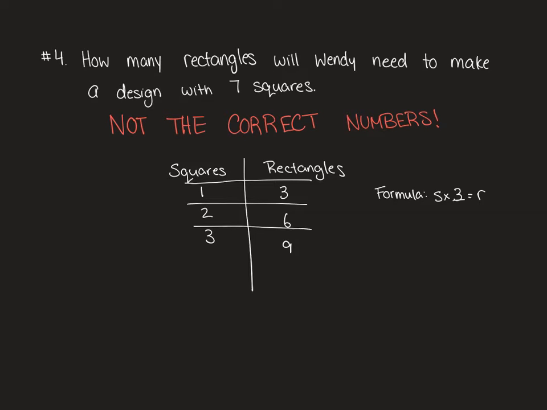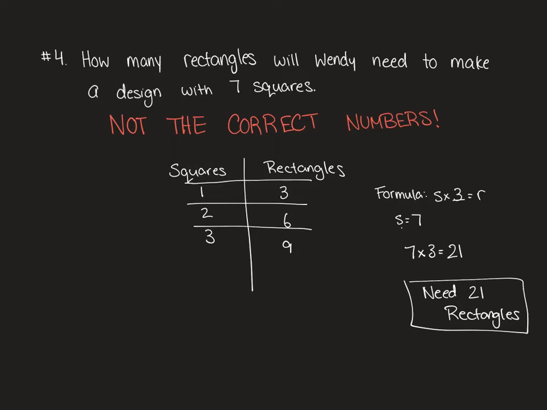So you have 2 options. To figure out how many rectangles they need for 7 squares, you could go, okay, squares equals 7, so 7 times 3 equals 21. So you would need 21 rectangles, or you could continue filling in the chart until you get to 7.